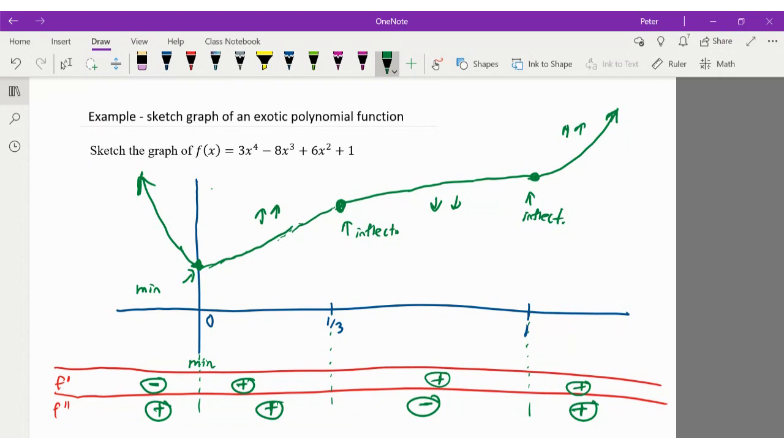A function that has a highest power that's even is going to approach positive infinity on both sides. A function that has a highest power that's odd with a positive leading coefficient is going to approach positive infinity on the right and negative infinity on the left.